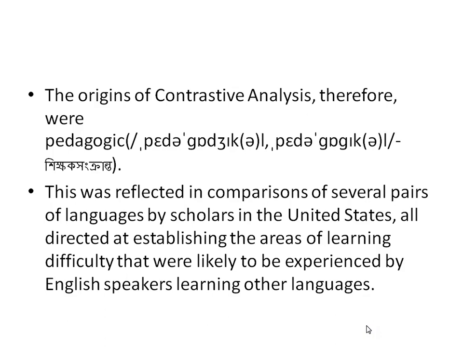And after getting such kind of pair, we analyze what might be the mistakes in this language learning process. That means the learner who wants to learn English, what might be the mistakes? Who wants to learn Chinese, what might be the mistakes? Who wants to learn Arabic, what might be the mistakes? Who wants to learn Hindi, what might be the mistakes?